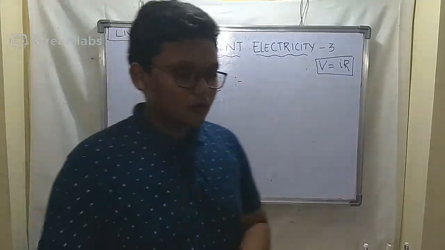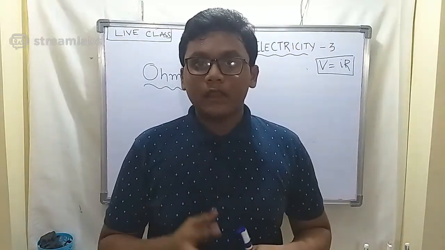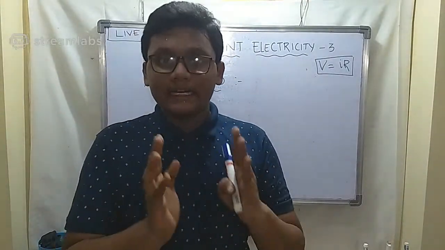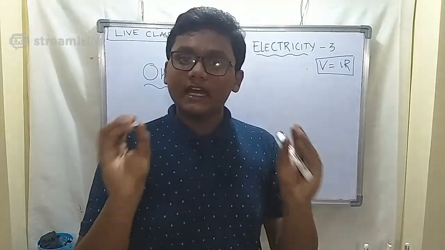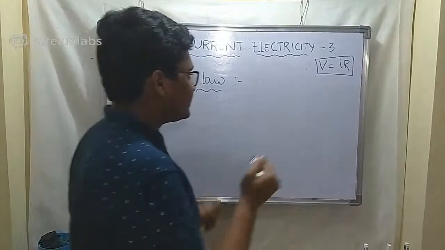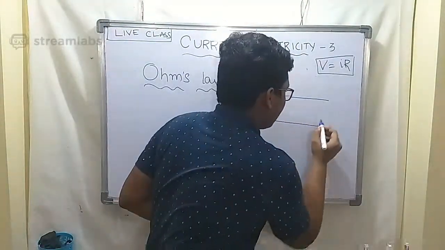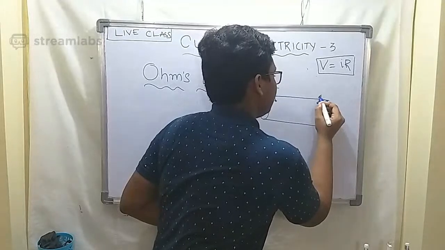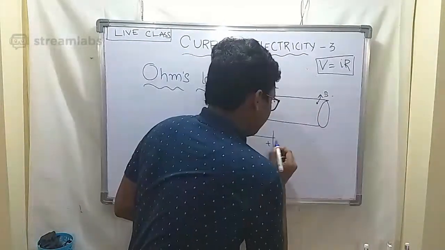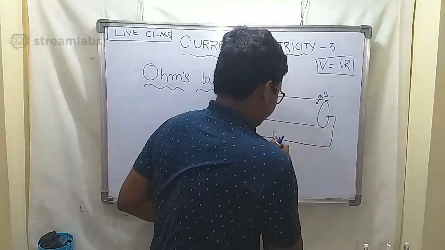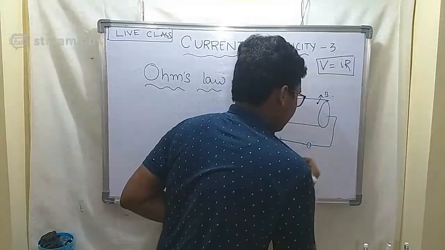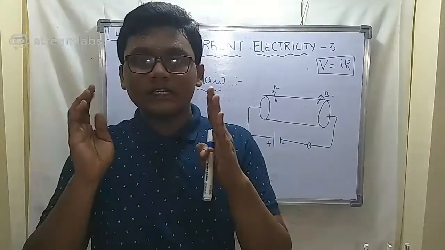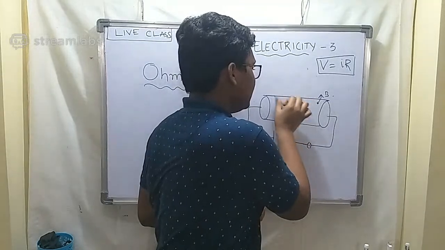Okay. Now Ohm's law. What is Ohm's law? Ohm's law states that voltage, the electrical potential difference between two points in a conductor, A and B. If we take two points in a conductor, A and B, and connect them to a battery or a power source, the electrical potential difference between the two points is called the voltage.